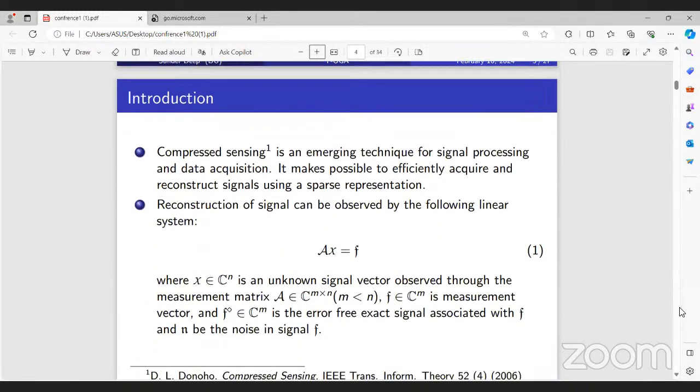The reconstruction of the signal can be observed by the linear system Ax equals f. This system is underdetermined, where A is the measurement matrix, x is the unknown signal, and f is the measurement vector, where f diamond is the error-free exact signal associated with f, and n is the noise in the signal f.